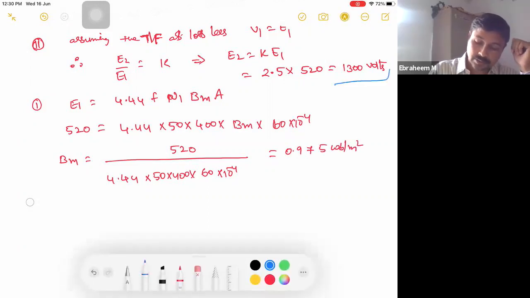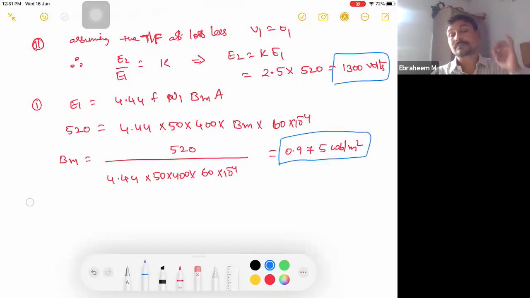So this is the EMF induced in the secondary, and this is the flux density in the core.